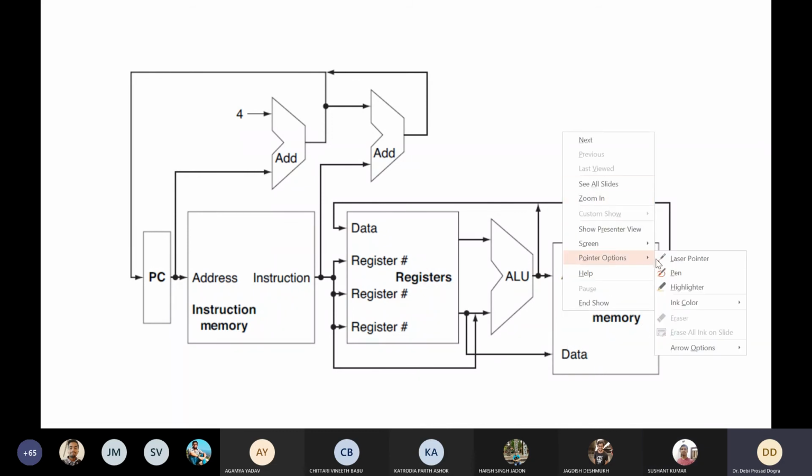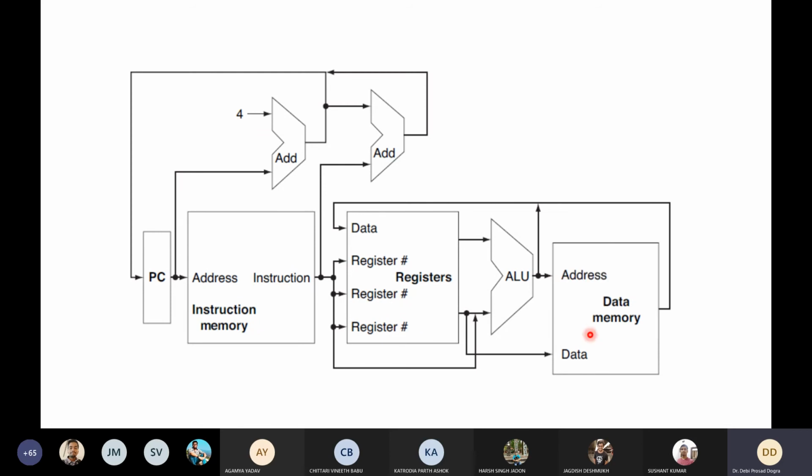So let me give you, see this part is the data port. This is for store operation, and this is the address. And this part is for load operation. This data is for load operation. This data is for store operation. This data is for load operation as well as storing the result into the register file after arithmetic operation.